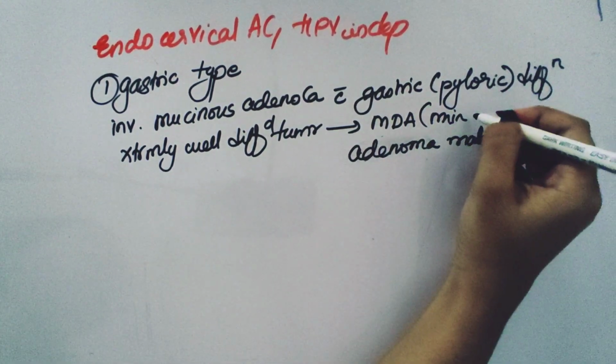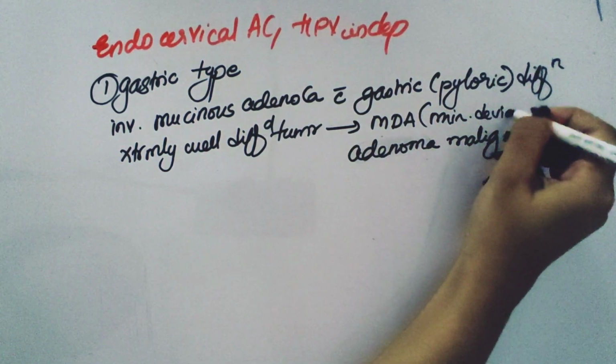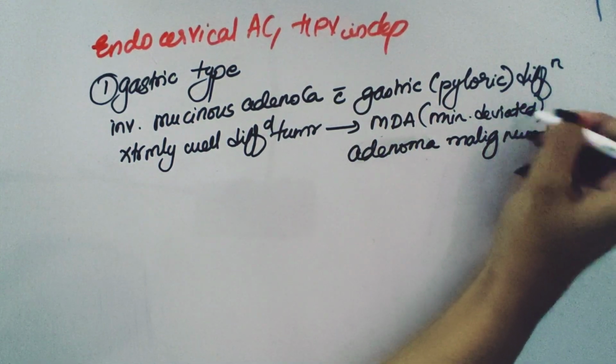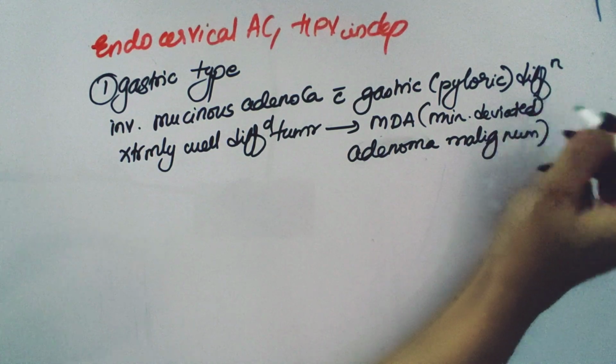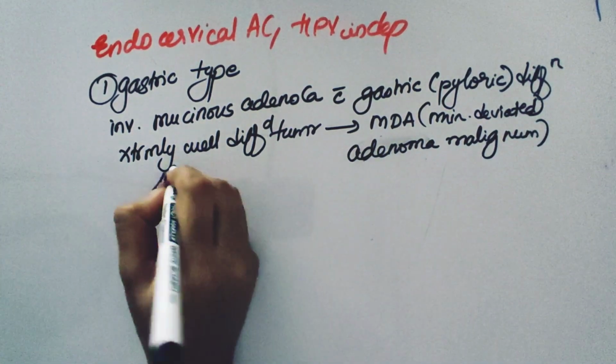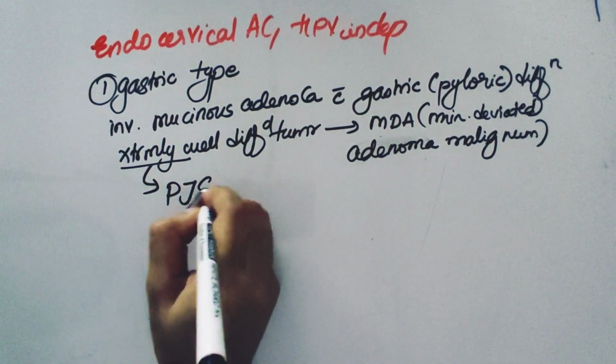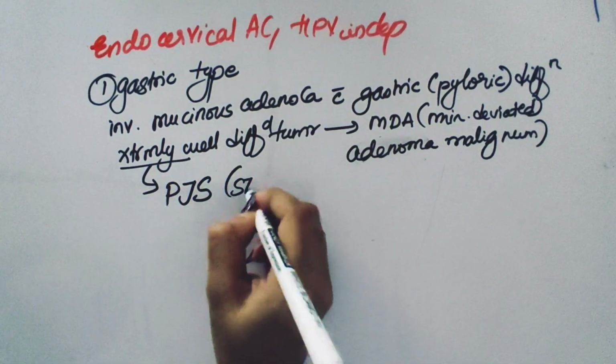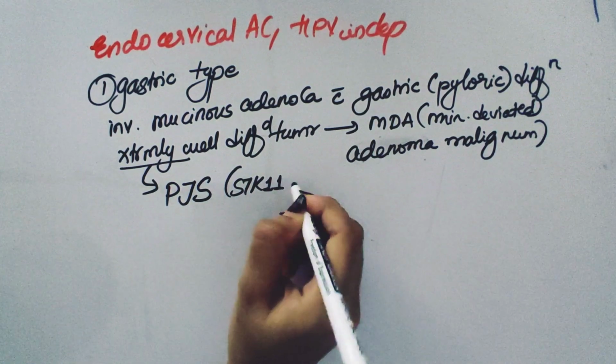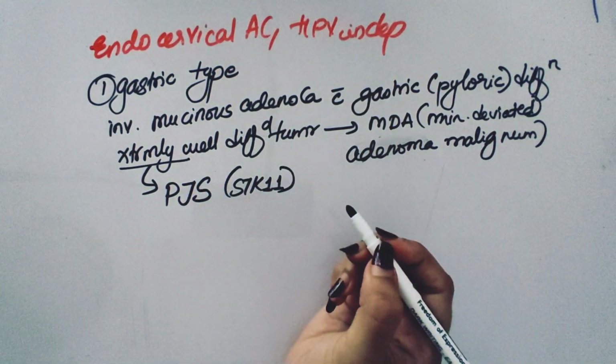It is minimally deviated adenocarcinoma. That means it's extremely well differentiated. Only minimal deviation is there. And this variant, that is MDA, is usually associated with Peutz-Jeghers syndrome with STK11 gene mutation.